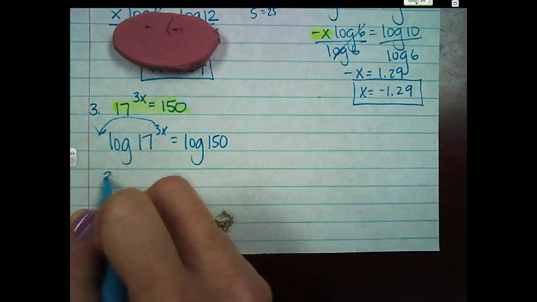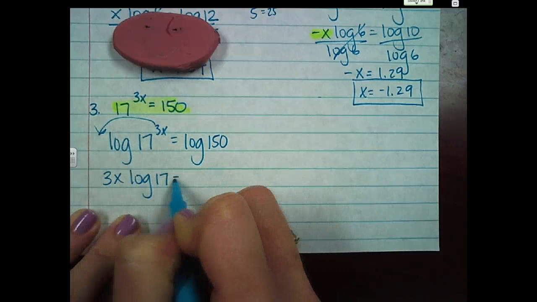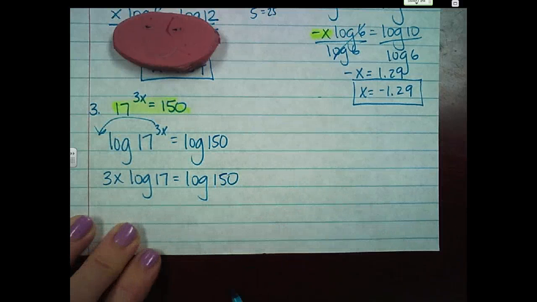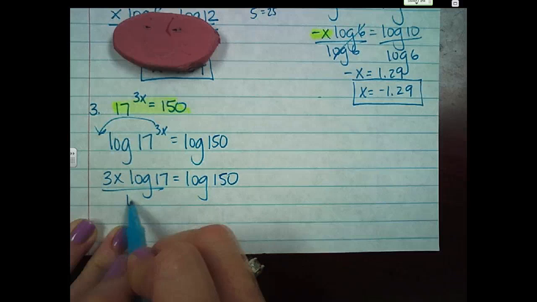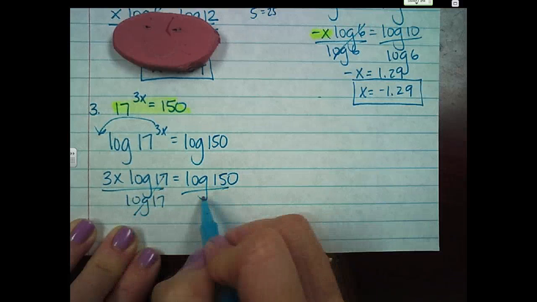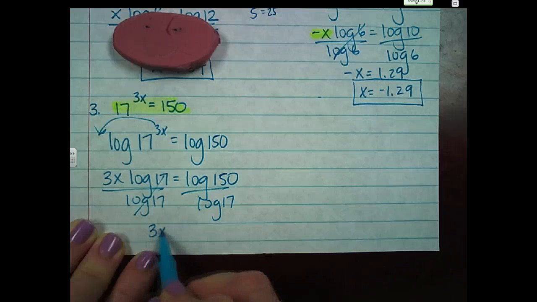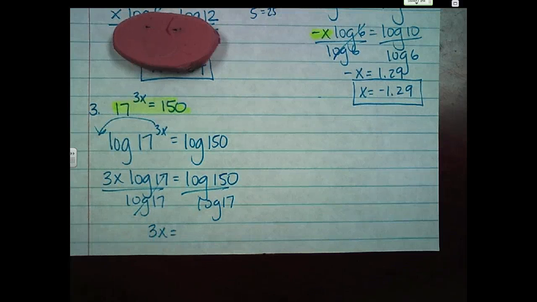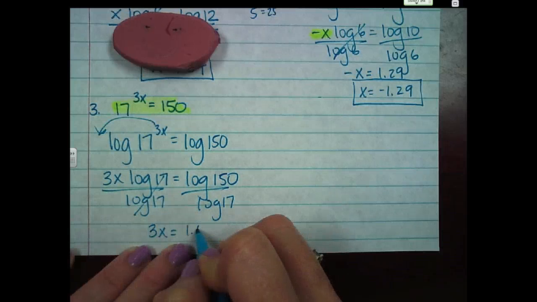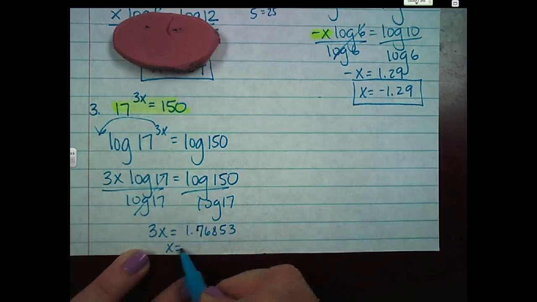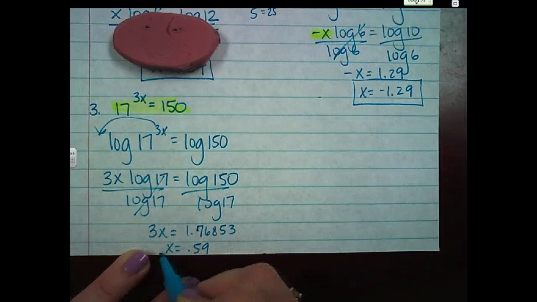So you get 3x log 17 equals log 150. To get 3x all alone, you're gonna divide by log of 17. So 3x equals log 150 divided by log 17, which is 1.768. And divide that by 3, and x is 0.59.